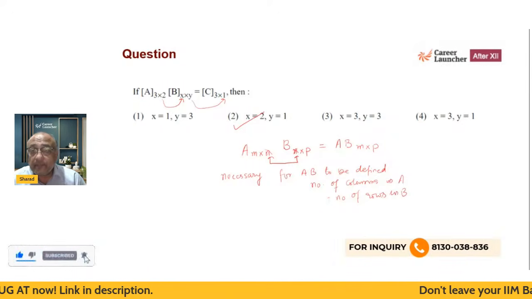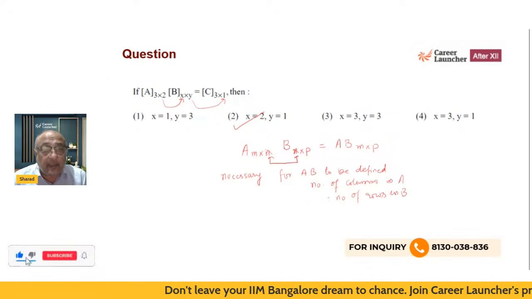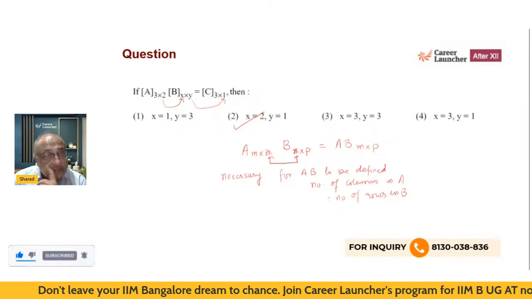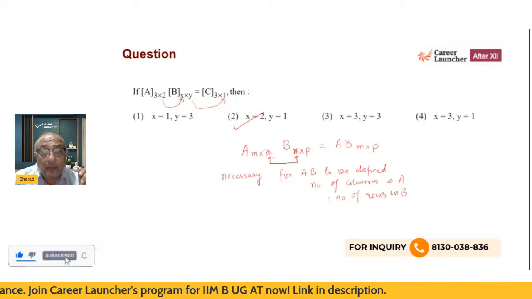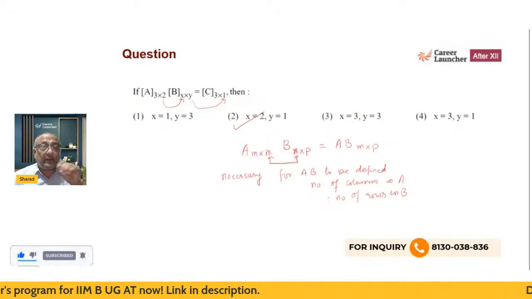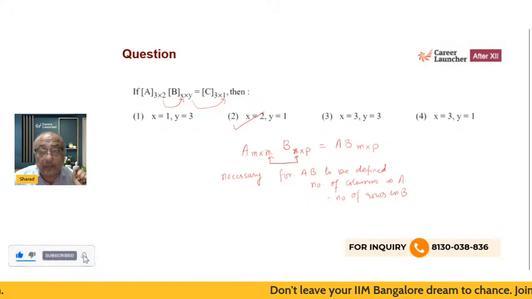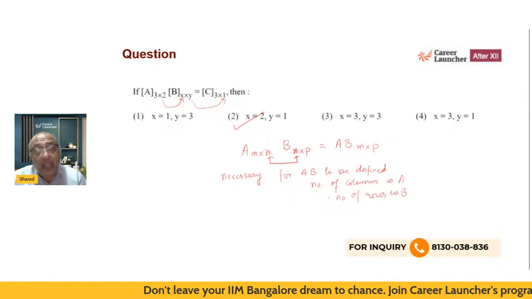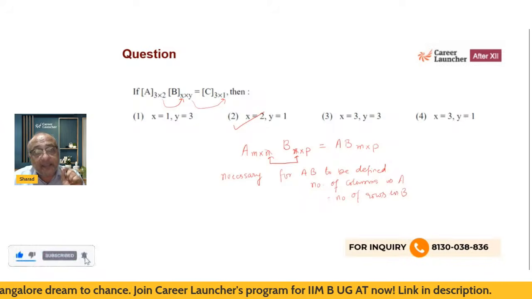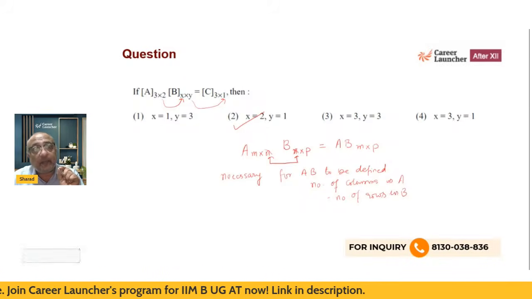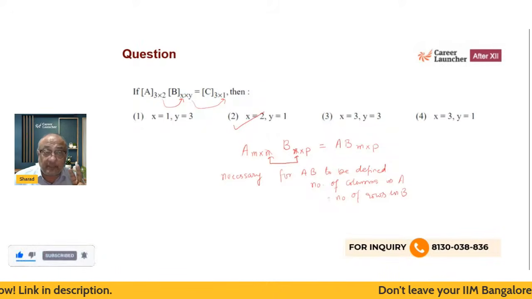Any questions? Gurneet Ahuja is asking what the difficulty level of the IMB paper will be. See Gurneet, this is the first time they are going to have a paper, and there is no sample paper. We cannot tell you exactly what difficulty level there will be, but I can make a very good guess. There are 2 minutes per question. In IPMAT there are 30 questions in 40 minutes, MCQ types, and 30 questions in 60 minutes.